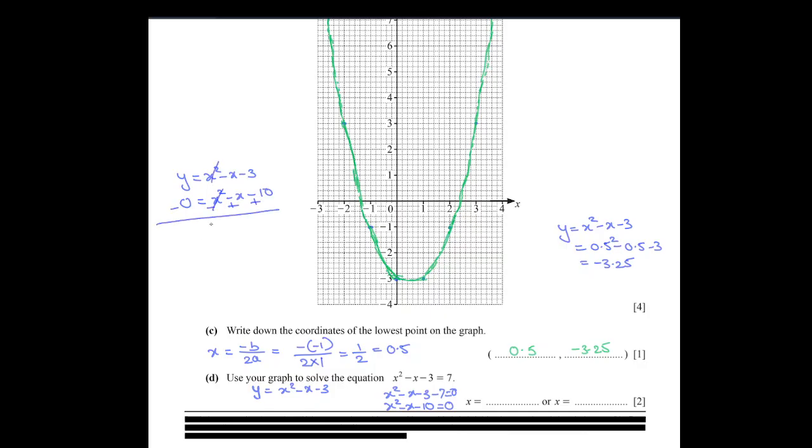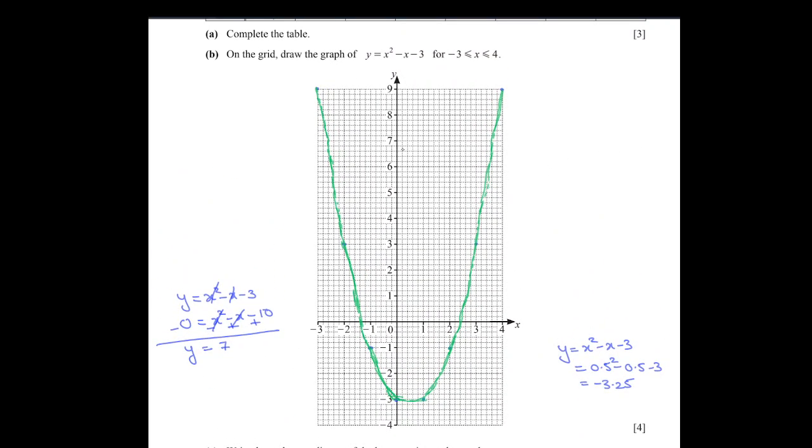X square gets cancelled. Y minus 0 is y. Minus x plus x gets cancelled. Minus 3 plus 10 is 7. So y is equal to 7. If you take this equation, y is equal to 7, and draw a line.